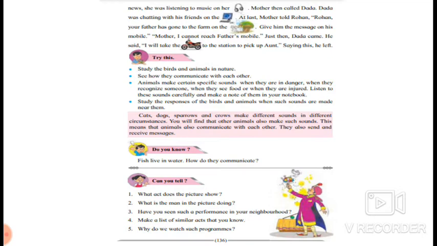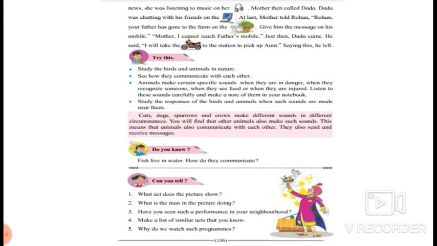Try this. Study the birds and animals in nature. See how they communicate with each other. Animals make certain specific sounds when they are in danger, when they recognize someone, when they see food, or when they are injured. Listen to the sounds carefully and make a note of them in your notebook.